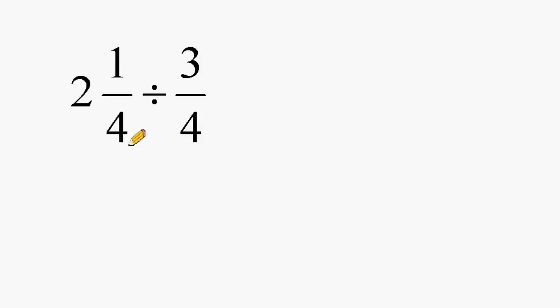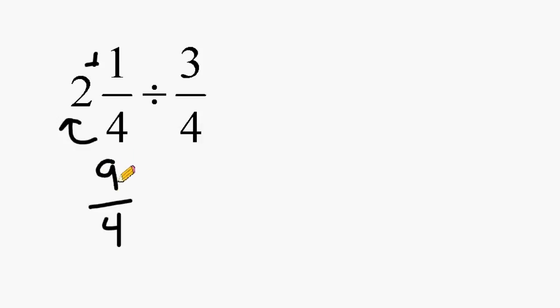Now in this example, notice that the denominators are already the same. So we don't have to find a common denominator because that is already in terms of quarters. So what we have to do first is rename this mixed number as an improper fraction. So the denominator of 4 stays the same. Next we do 4 times 2, which is equivalent to 8, and then add 1 to that, and that is equal to 9.